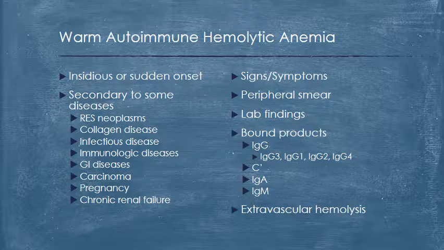Now, reticulocytosis sounds like it's definitely going to happen, but actually what happens with warm AIHA is that the patient's bone marrow can frequently become hypoplastic, and that's usually because of some underlying disease, whether it's a neoplasm or an immunologic disease, something like that. In those cases, you're not going to see reticulocytosis.